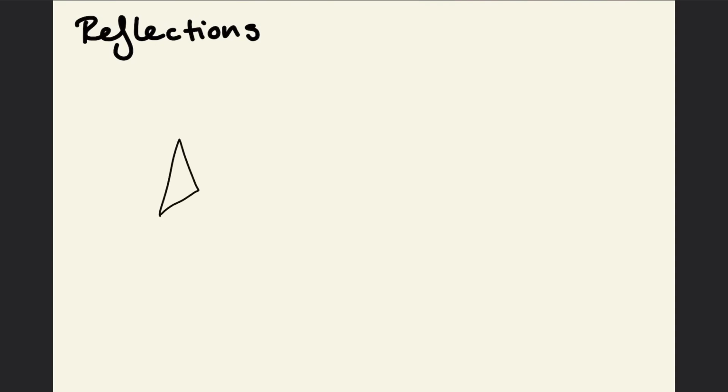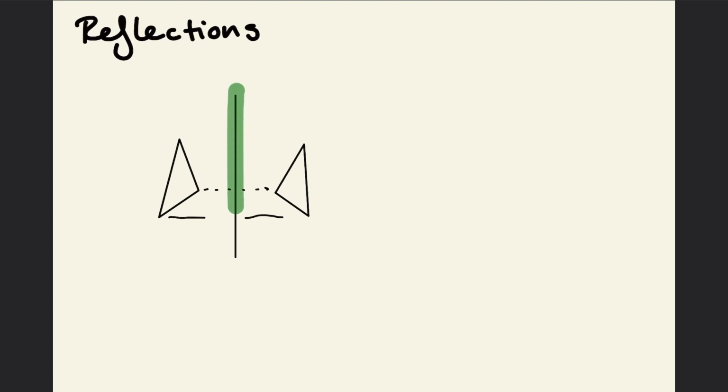Anytime we have a shape and a mirror, we move each point so it has the same distance from the mirror. And then, for example, here, we can connect said points. So if you look at this, what do you think we're doing? Well, we have our mirror line over here.